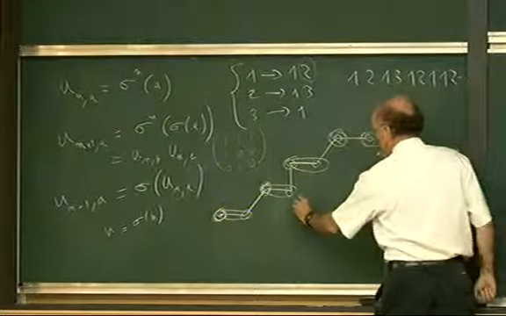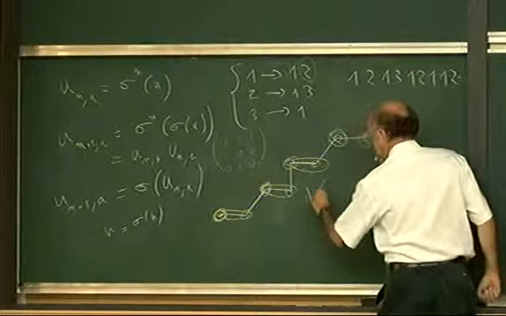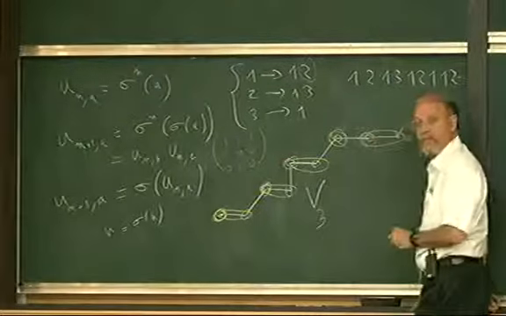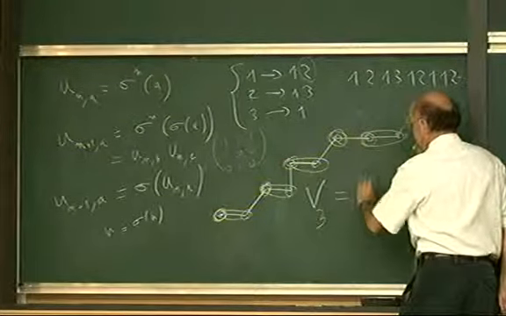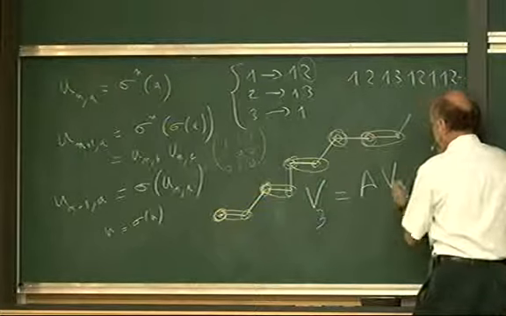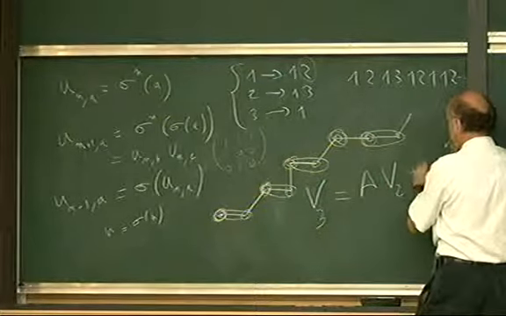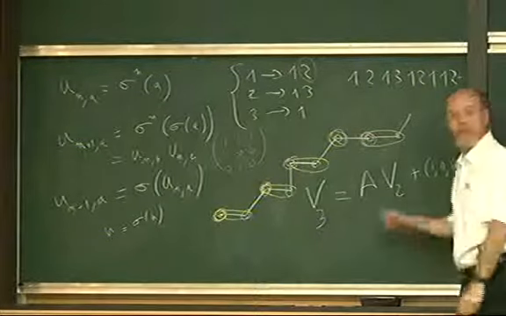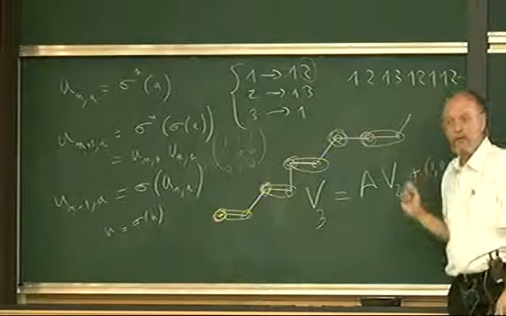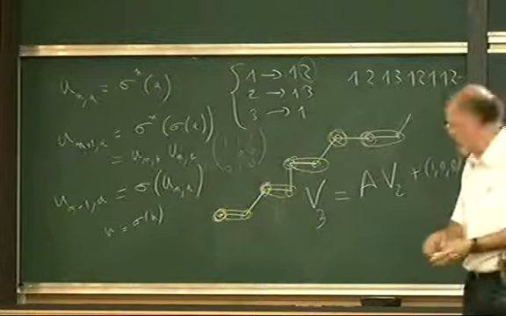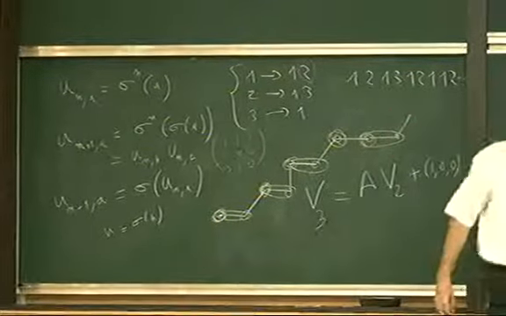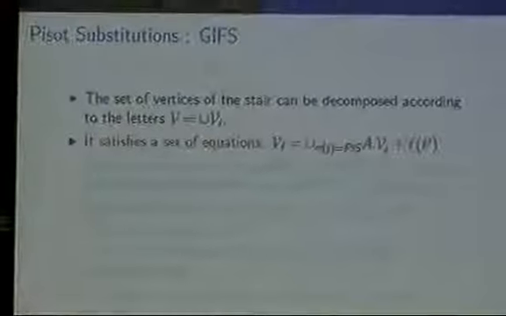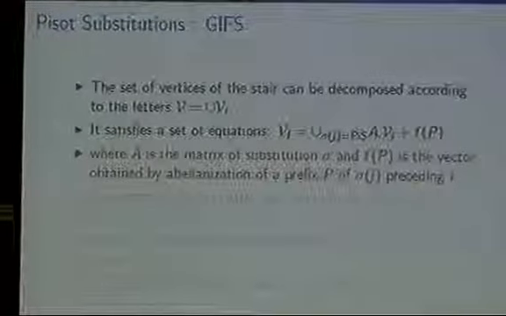So for example, if you look at vertices of type 3, these are exactly the image by A of the vertices of type 2 plus some shift, which is 1, 0, 0. So this is one special case of set equation, but it's always the case. There is a set equation which is given by the matrix of the substitution.